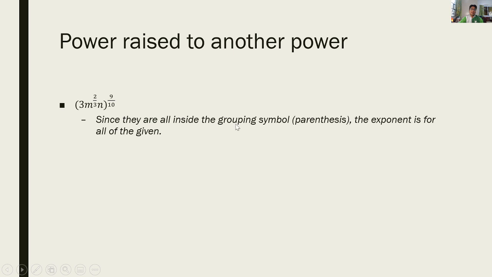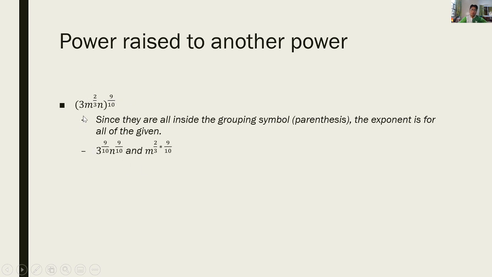Since they are all inside the grouping symbol, which in this case is a parenthesis, the 9 over 10 is for all of the given. So yung 9 over 10 po natin para po sa lahat ng given sa loob ng parenthesis. At minumultiply natin yan. So may 1 yan, pag walang nakasulat, imumultiply natin yung 1 sa exponent.